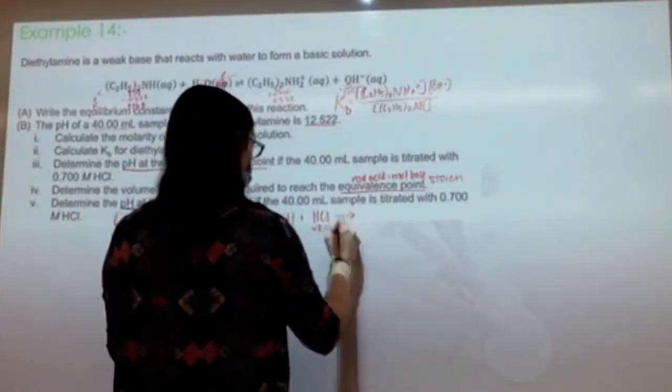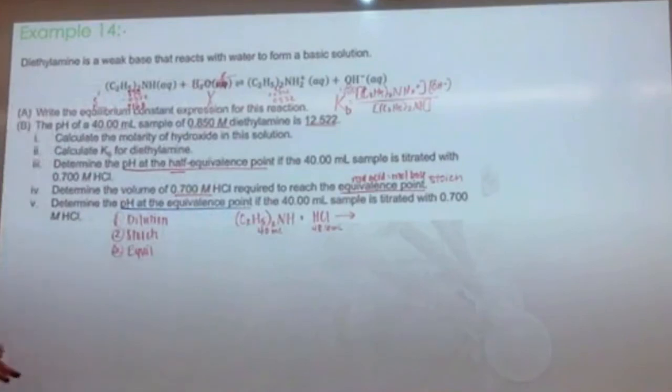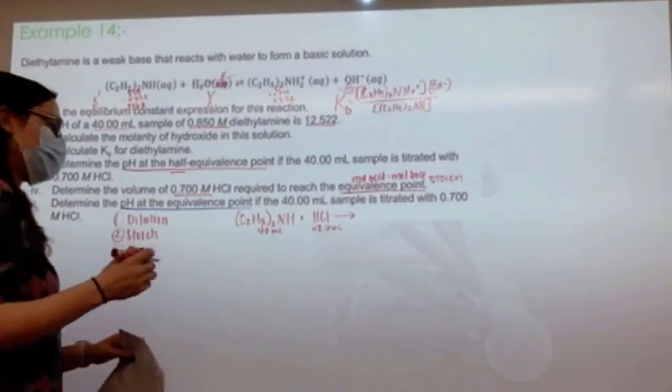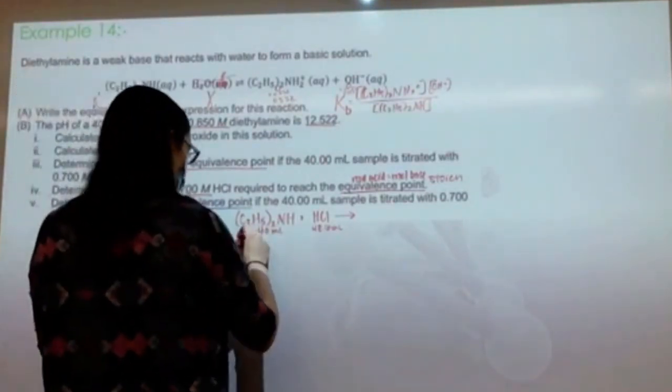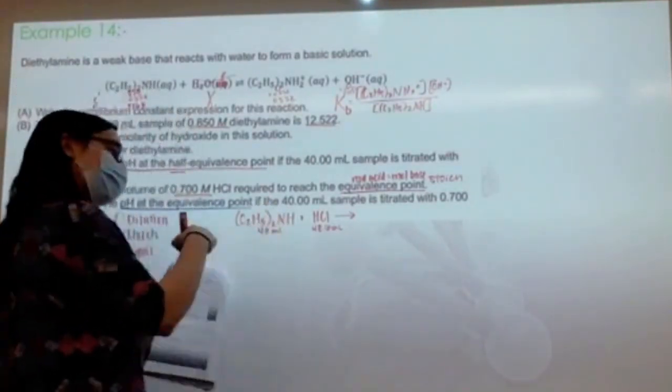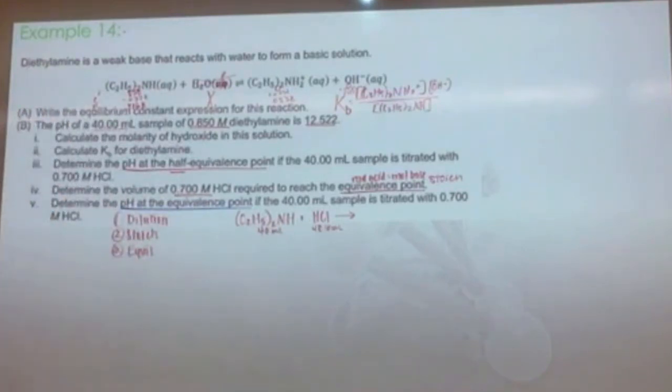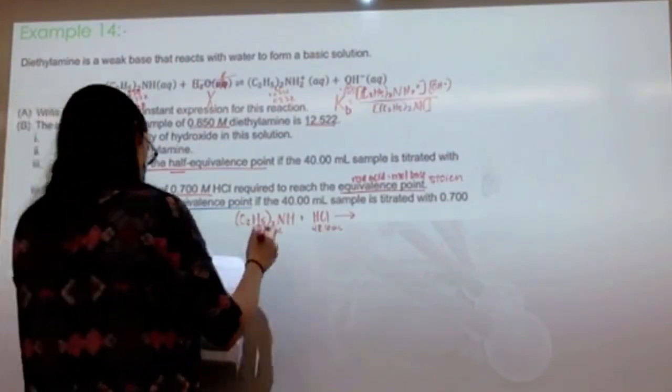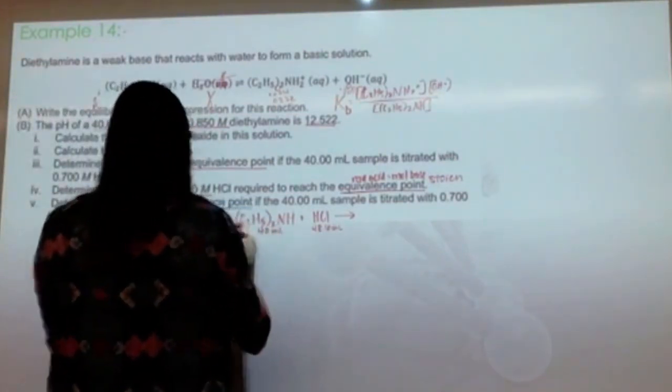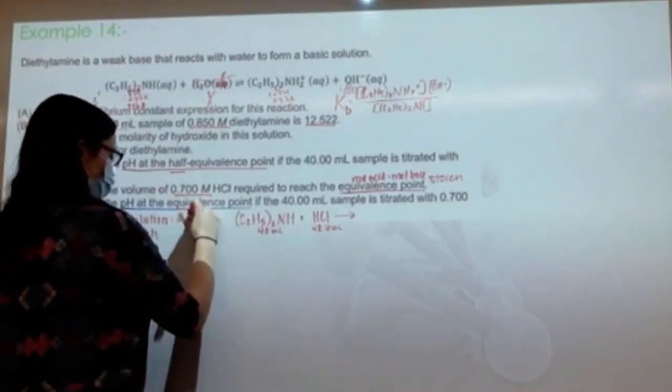This is what we just found. We're adding those volumes together. That's going to change the molarity. So I'm going to figure out the new molarity of diethylamine and the new molarity of HCl, and we can use molarity in our stoichiometry. So let's do M1V1 equals M2V2. Remember, that's dilution.